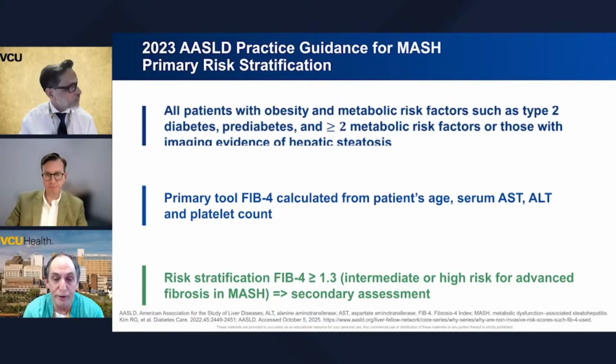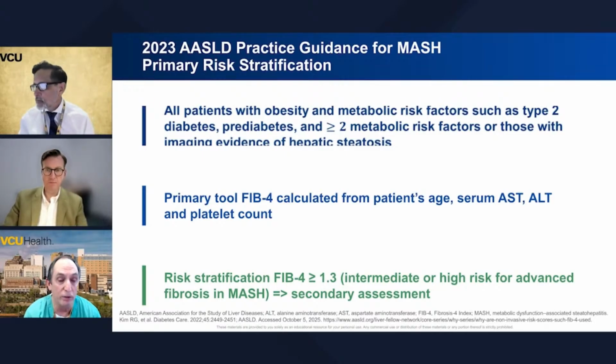Sure. Thanks, Arun. So the FIB4 was originally developed in 2005 and published in Hepatology in 2006. And the main goal at that time was to develop a non-invasive way to assess for those with advanced fibrosis, which would be bridging fibrosis or cirrhosis, or the F3 to F4.